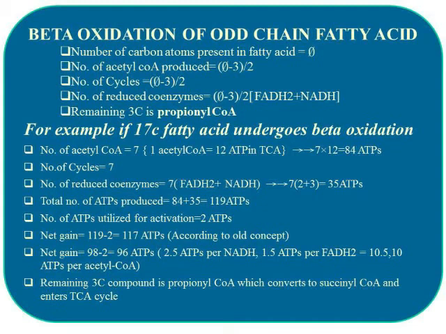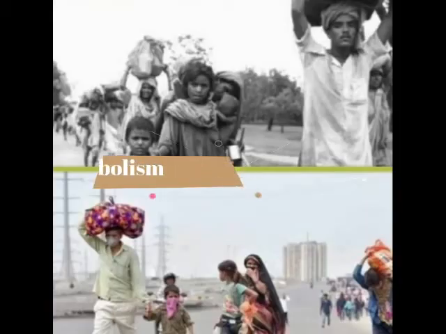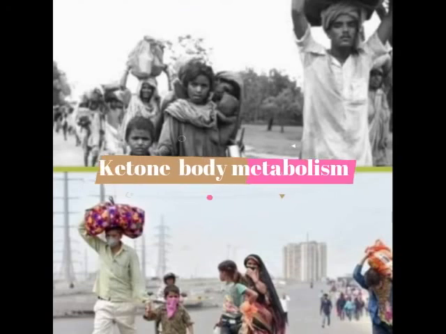Vitamin B12 acts as a cofactor of methylmalonyl-CoA mutase, so in its deficiency, as in pernicious anemia, patients excrete large amounts of methylmalonic acid in urine. During beta oxidation within the mitochondria of hepatocytes, acetyl-CoA is produced, which condenses with oxaloacetic acid to enter the TCA cycle.